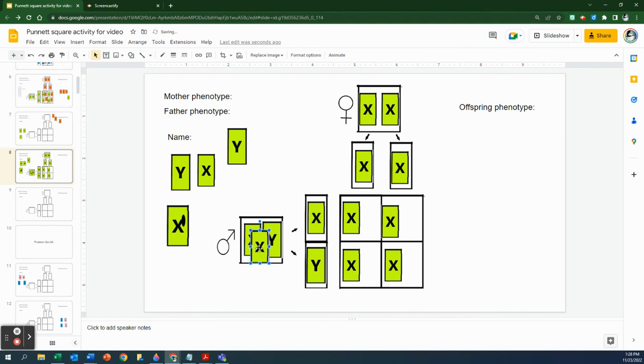The father passes on the X to half of his children and the Y to the other half of his children. And so the thing about sex-linked inheritance is you've got to watch out that the trait goes along with the sex of the offspring, and the parent too.